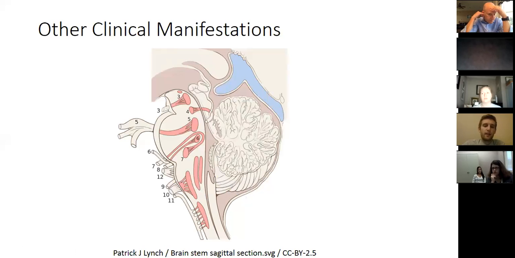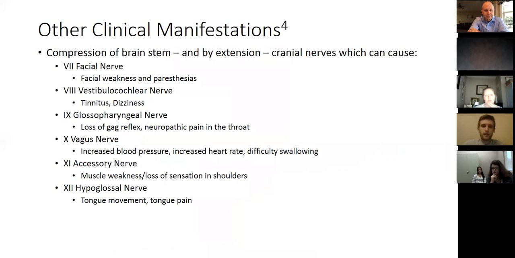And you can see on the other side of that, the anterior side where all the numbers are, a lot of cranial nerves leaving that area of the brain. So when all these cranial nerves get compressed, you can actually see some neuropathic syndromes or issues associated with the compression of these cranial nerves. That's why Chiari clinically, especially in more severe cases, is going to have some odd symptoms accompanying it.